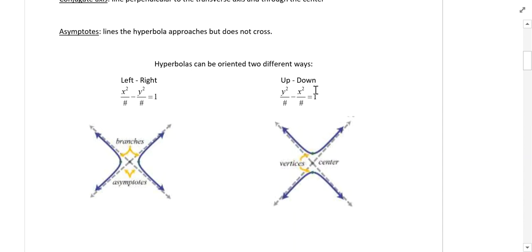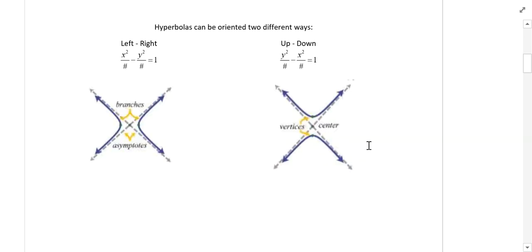We also have up-down hyperbolas, and our equation looks more like a positive y squared minus the x squared. The order they're being subtracted tells me which way it's oriented. We're not worrying about which number is bigger, but rather which is the positive.